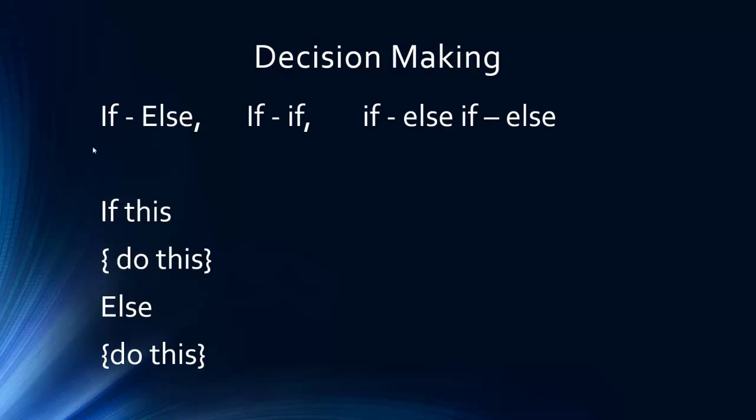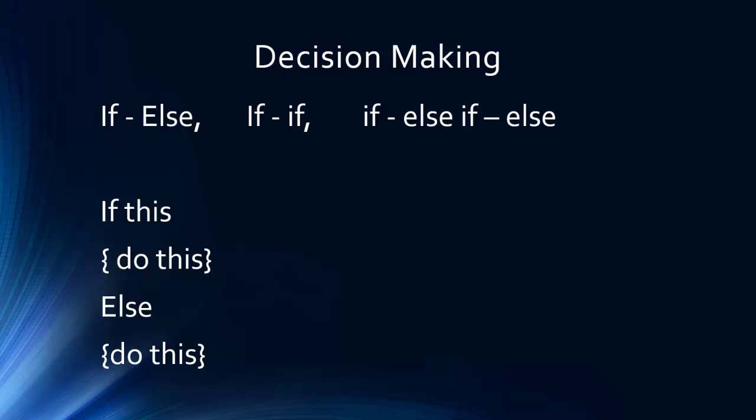So there's all kinds of combinations. So if you've got 4 choices, you can do if this, else this, else this, else if this, that kind of stuff. So anytime there's a decision to be made, you need to decide whether you're going to use an if-else statement or a switch statement that we'll talk about here in just a minute.